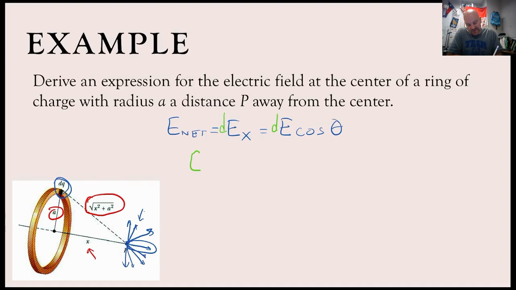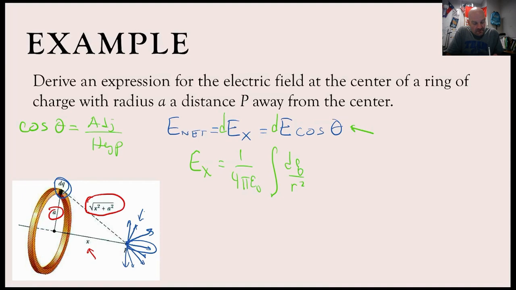So Ex is going to be equal to 1 over 4 pi epsilon naught, integral dq over r squared. Now we can take care of this cosine theta by knowing the ratio for cosine: adjacent over hypotenuse.